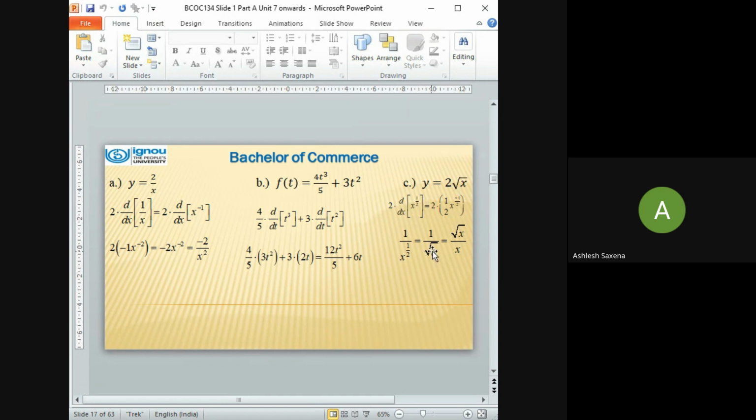So here in this case it will be 1 upon x raised to the power 1 by 2, which can be written as 1 by under root x. We don't keep under root x in the denominator. That means we will be multiplying numerator and denominator by the same number. That means in the numerator it will become under root x, and in the denominator it will become x.